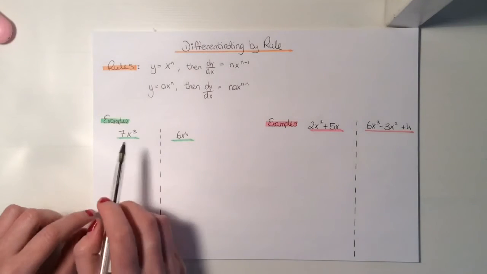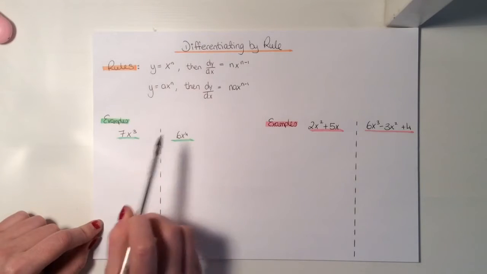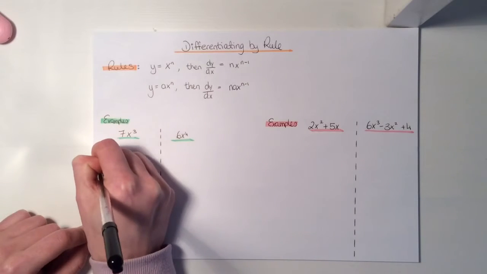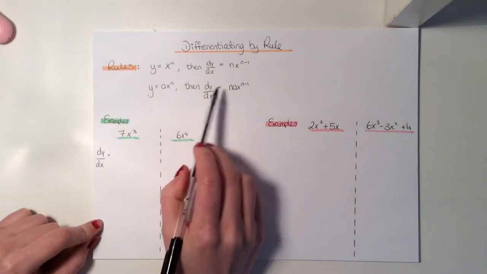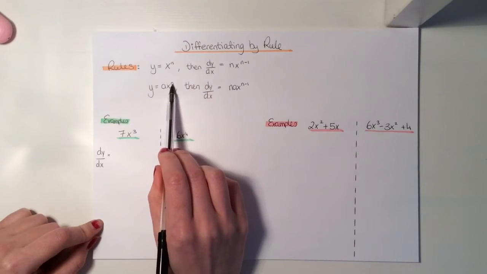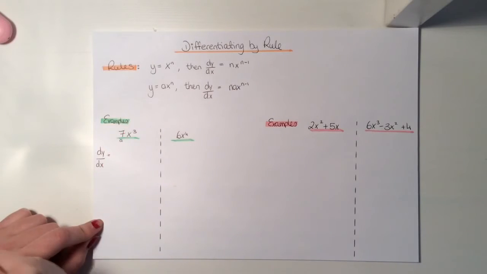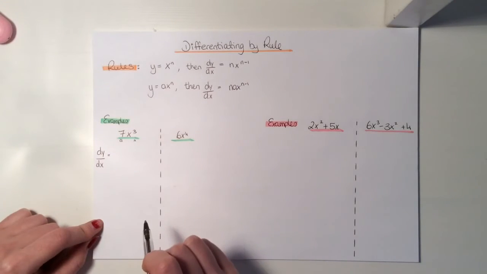So we've got 7x cubed and we want to find dy dx. So we're looking for the derivative. You can see here ax to the power of n. So your 7's your a, x is x, and n's your 3.